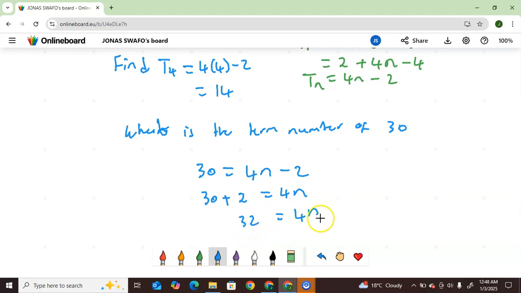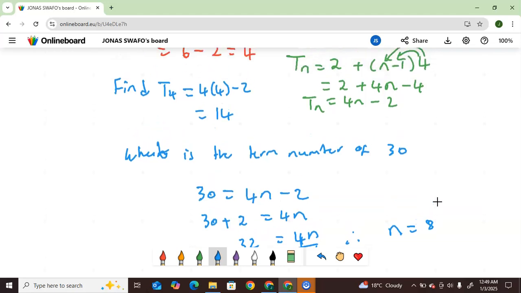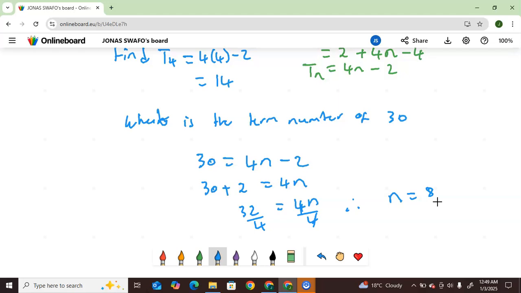And when we divide both sides by 4, this will cancel out. Therefore, our n will equal 8. Therefore, the 8th term will give us 30, right?